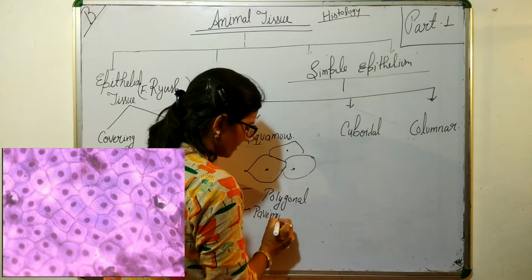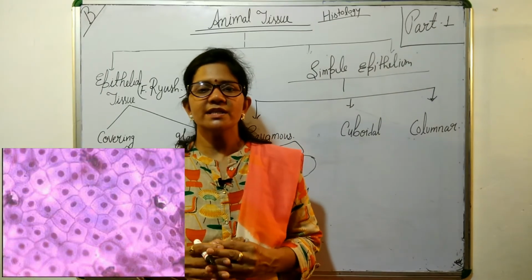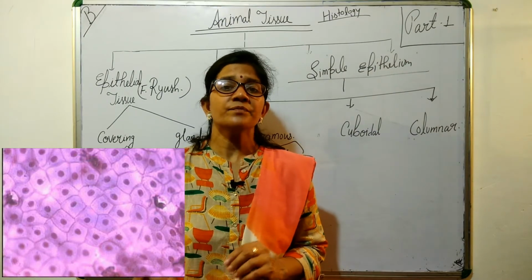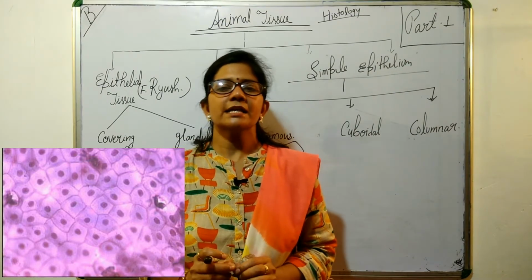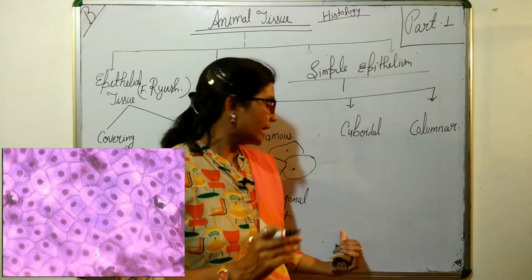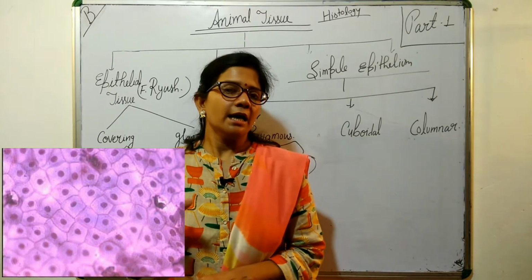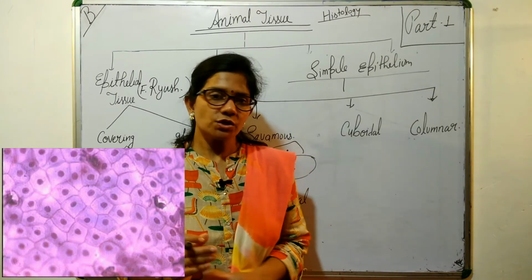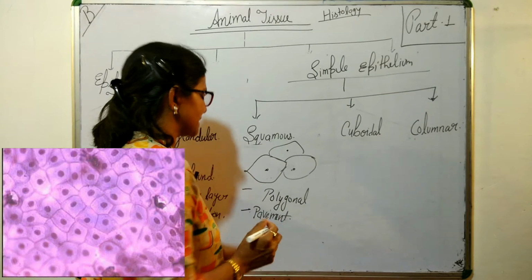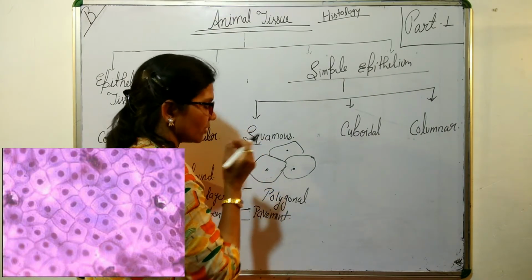They are also known as pavement tissue. Why is it pavement tissue? As you have seen in tiles, they are attached to each other with very little space between them. In the same way, these are attached to each other with very little intercellular matrix. This is the main structure, and you will find it in different organs.